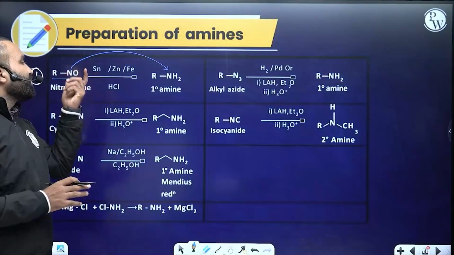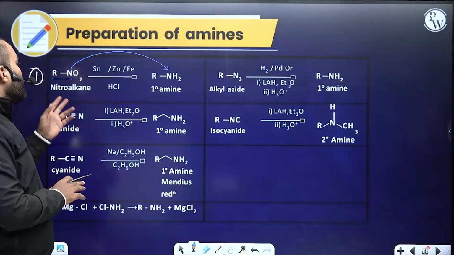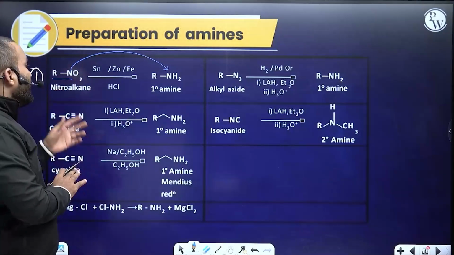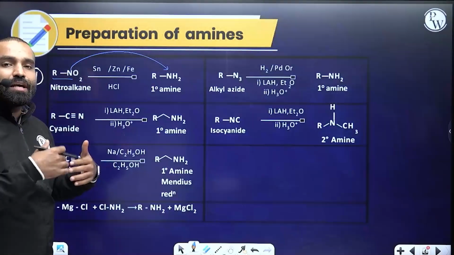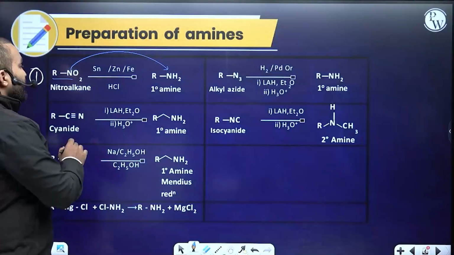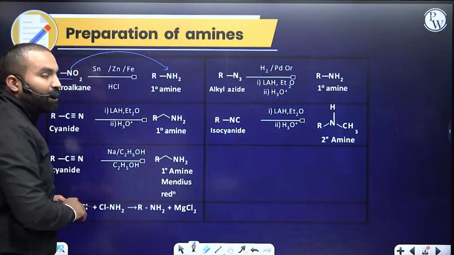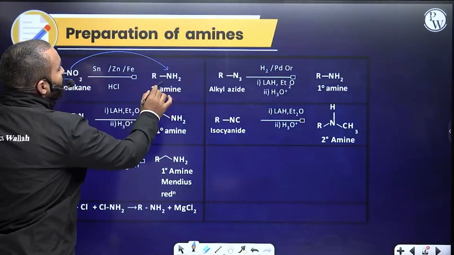Removal of oxygen is reduction. Addition of hydrogen is a reduction reaction. Increment in oxidation state, decrement in oxidation state, all sorts of processes we know are actually reduction or oxidation processes. That is a part of redox reaction. So RNO2 is reduced to RNH2.